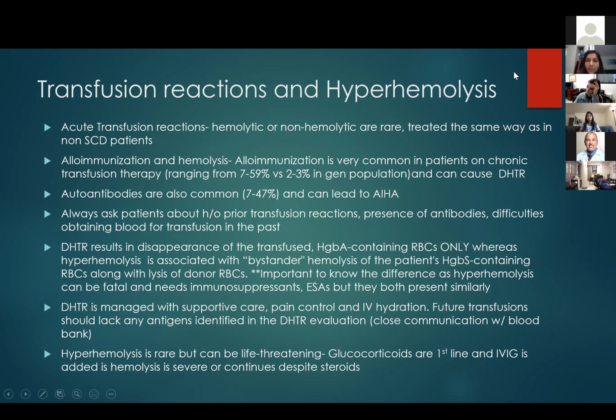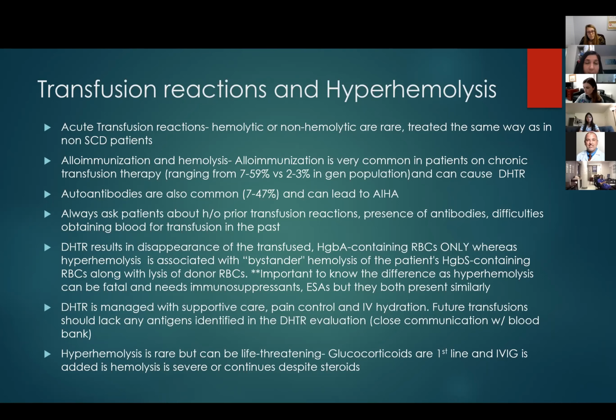And there's this other entity, which I mentioned earlier, called hyperhemolysis, and it can be difficult to distinguish these hemolytic reactions from hyperhemolysis. But usually in delayed hemolytic transfusion reaction, it is the donor RBCs that are being attacked.